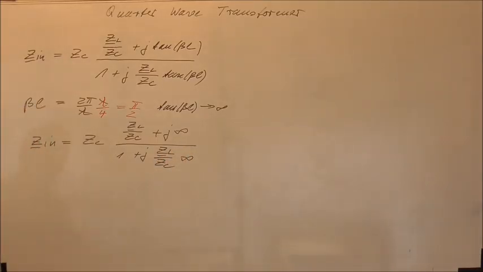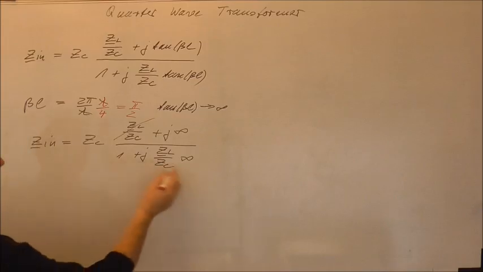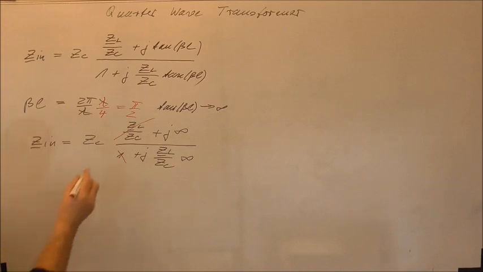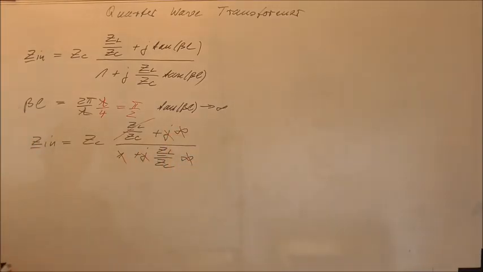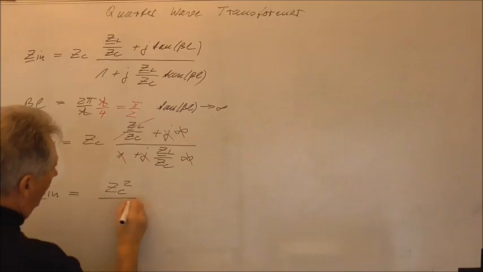If you now approach the length of a quarter of the wavelength, then you can neglect this against the infinity, and also neglect the 1 against this, and then we can cancel j and also cancel infinity, and we get as a result for the input impedance that Zin will be equal to Zc squared over the load impedance.